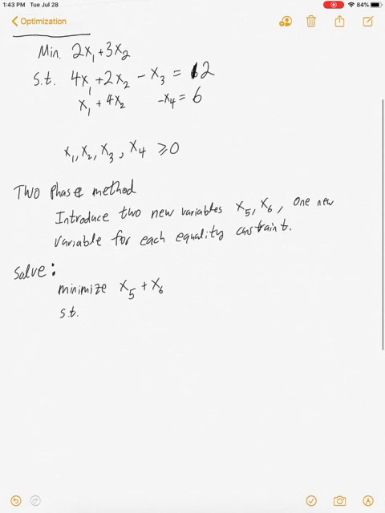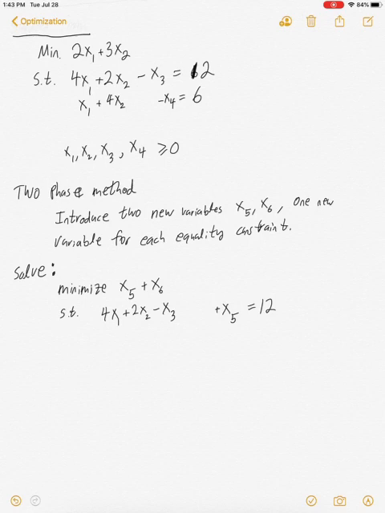Subject to 4x1 plus 2x2 minus x3 plus x5 equals 12. So I added one of my new variables to the first constraint.